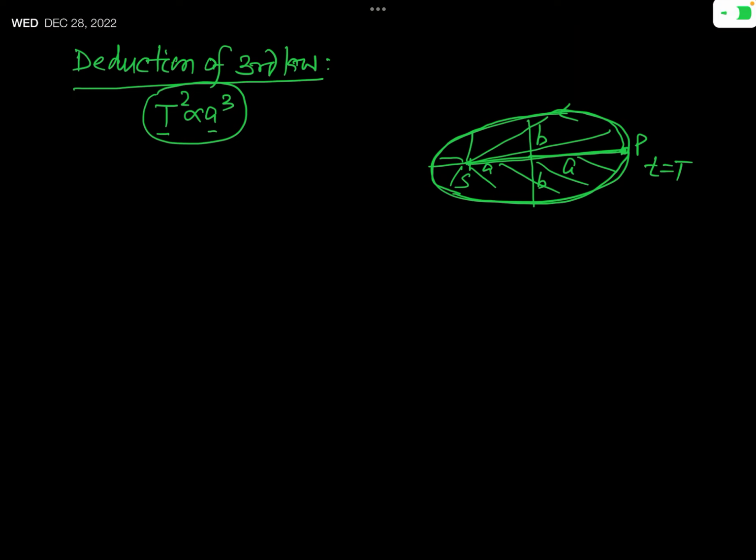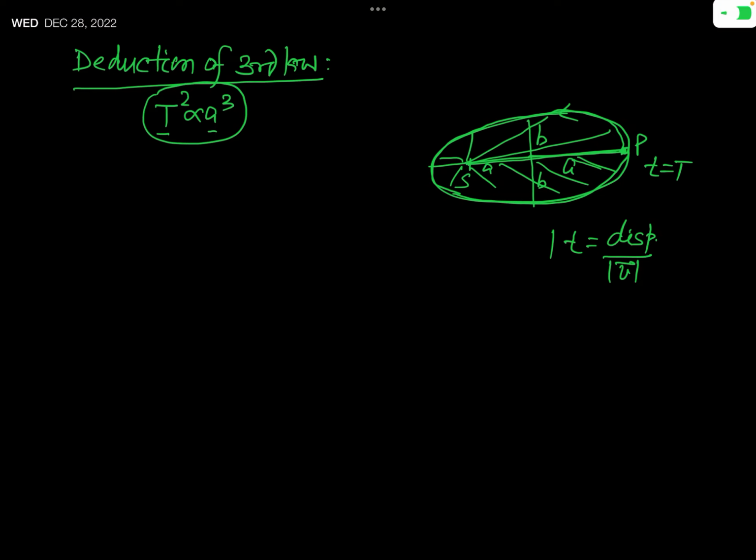And with what velocity is this radius vector moving? The velocity with which the radius vector is moving is called its areal velocity. Just like with linear velocity, time is equal to displacement over the modulus of the velocity vector.